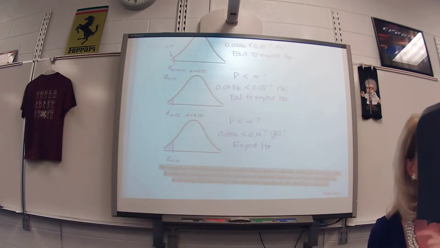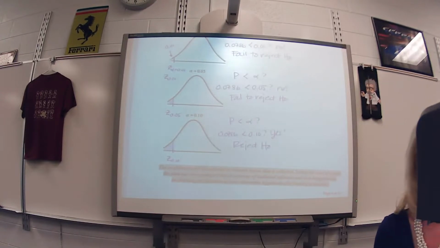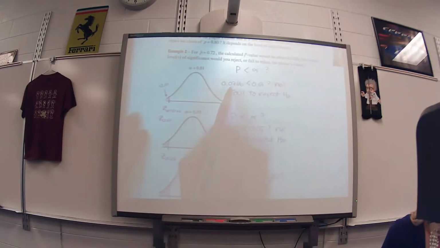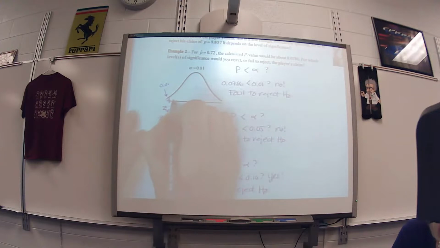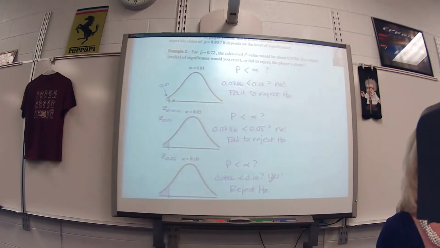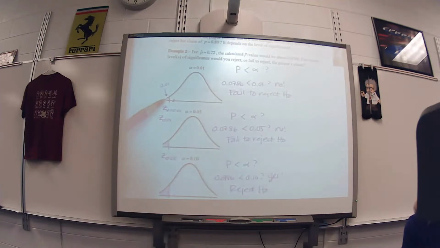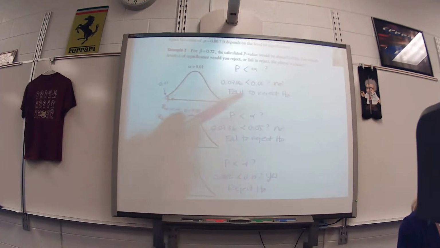But then what you do, when the result of 8% comes in, well, if this is 1%, think of this almost as like an x-axis scale. If this is where 1% is, 8% would be way over here. You didn't land in what is called the critical region, and that means it's a fail to reject.